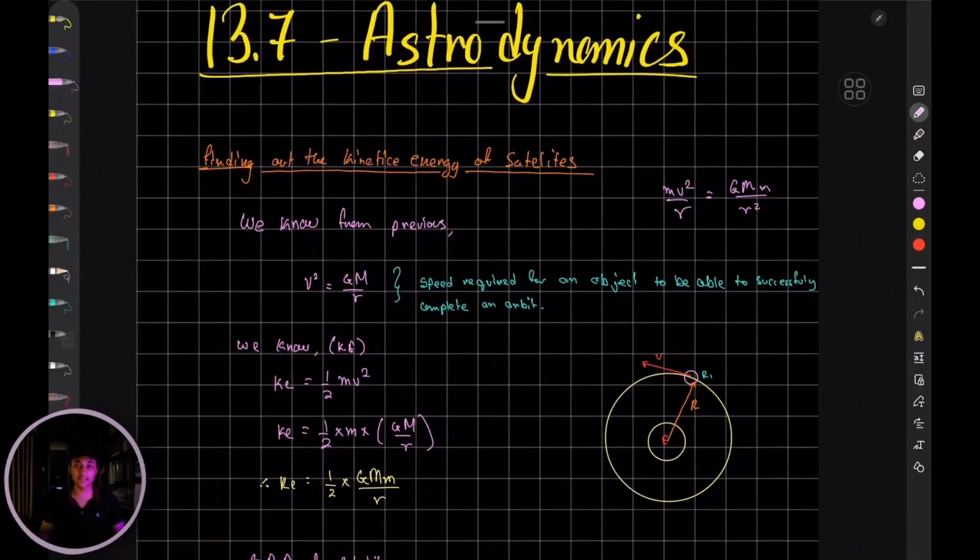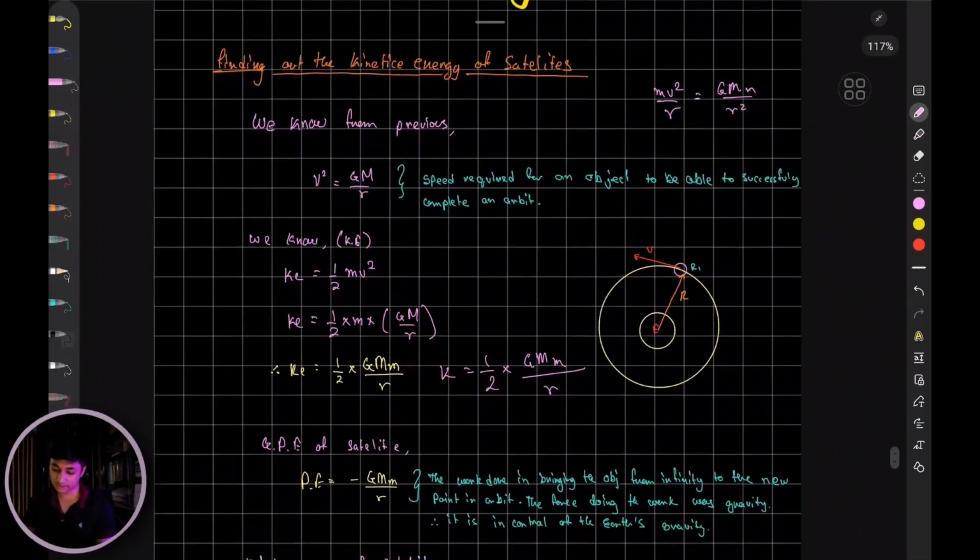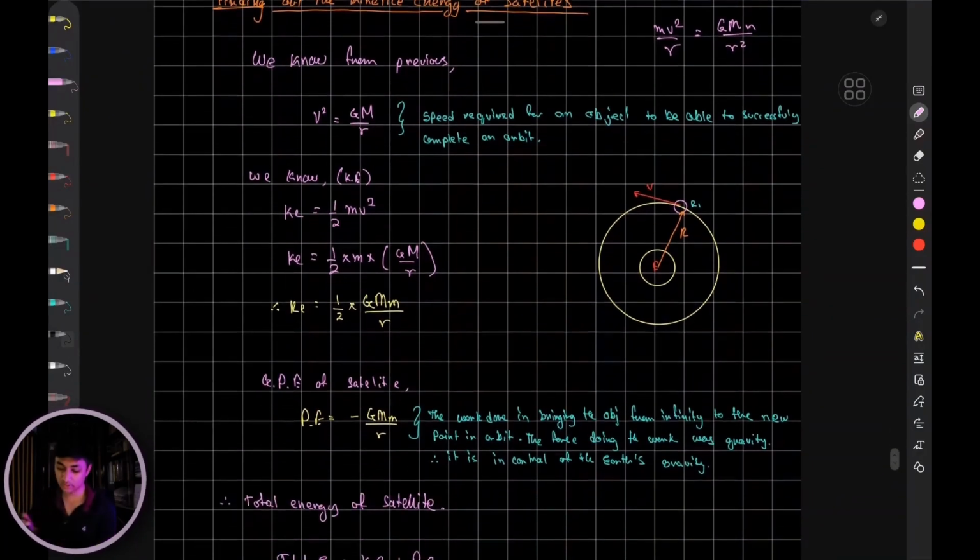Now, to find the kinetic energy of the satellite, we know the formula of kinetic energy is half mv squared, and you know the expression for v squared, that is GM by r. Plug that in over here, and what you're going to have is KE is half times GMm by r, right? Fair enough. So that is its kinetic energy.